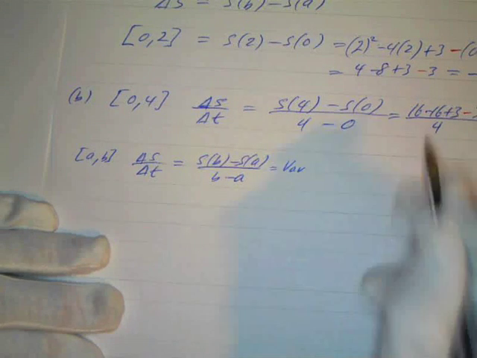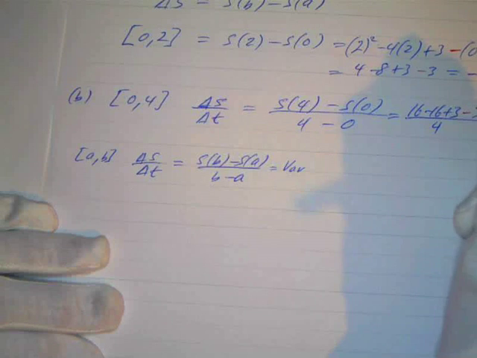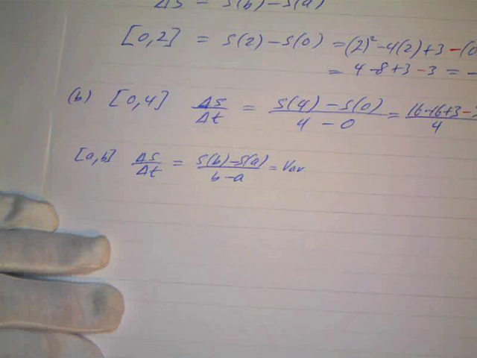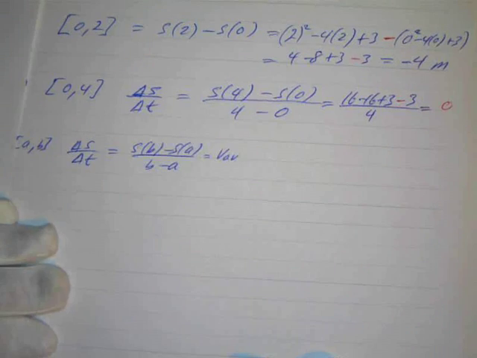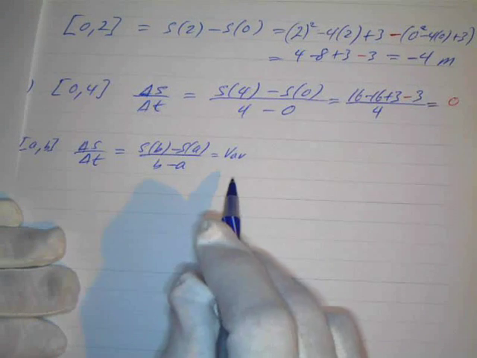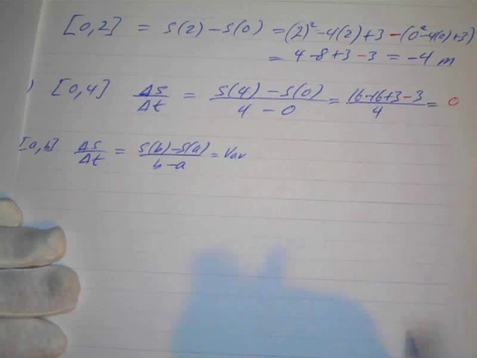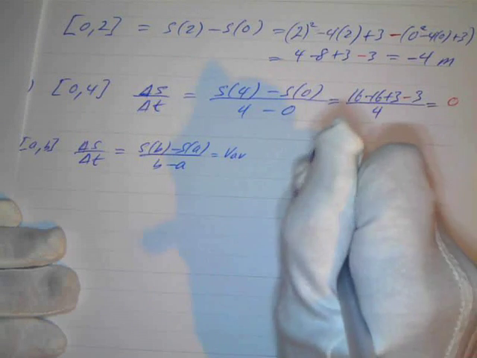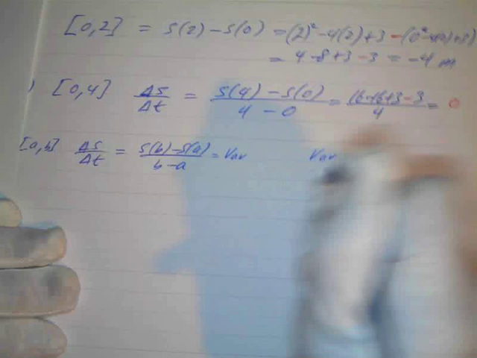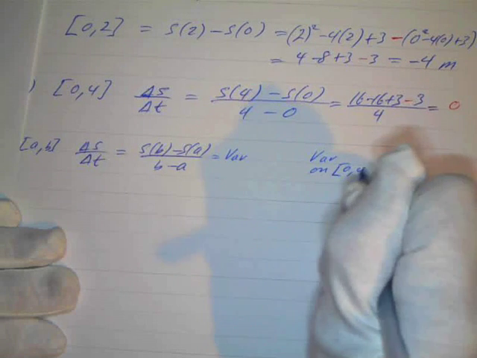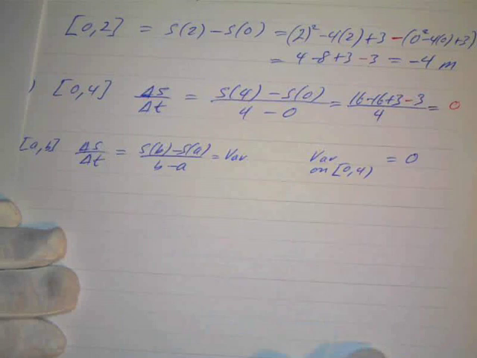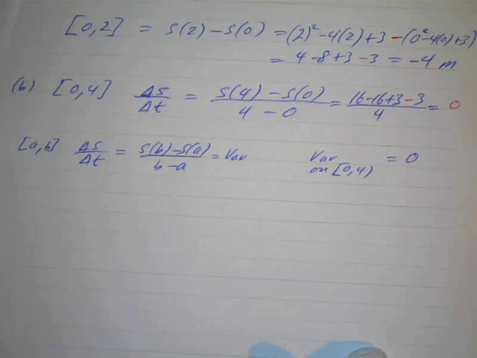And that just ends up being 0 over 4. All right. So the average velocity on the interval 0 to 4 equals 0. That's my average velocity.